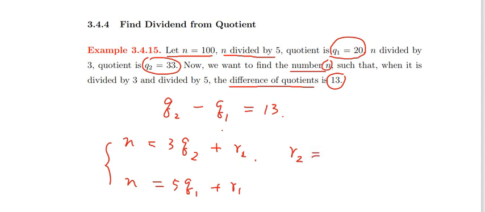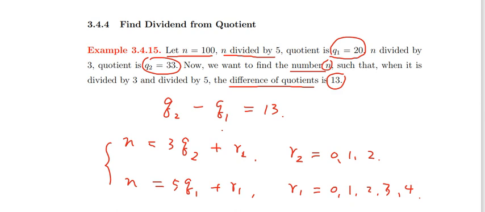So R2 is for N divided by 3, so R2 can be 0, 1, 2. Then R1 is for this number divided by 5, with quotient Q1, so R1 can be 0, 1, 2, 3, 4.